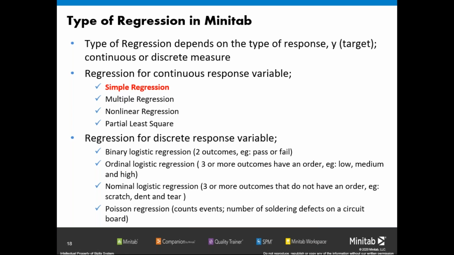If you have three categories but not ordered, let's say type of defect, you go for nominal logistic regression. If your y is a count of events, you can go for Poisson regression. If we go further into regression, I think it's not enough for 1 hour, so today's webinar will focus on simple regression only. Maybe after this, we can go for the other types of regression.